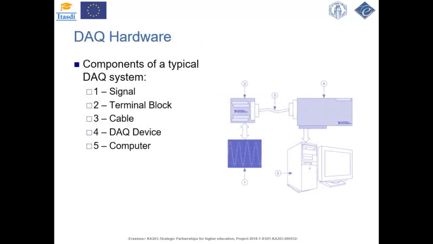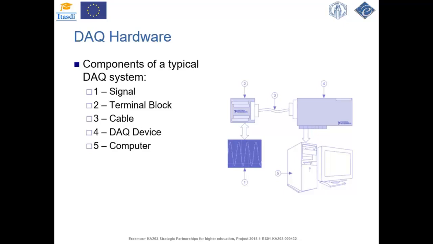So going forward, we're going to talk a little bit about the data acquisition hardware. A typical data acquisition system has three basic types of hardware: some sort of a terminal block, a cable, and a data acquisition device, as shown in the figure on this slide. After converting a physical phenomenon into a measurable signal, the signal needs to be acquired.